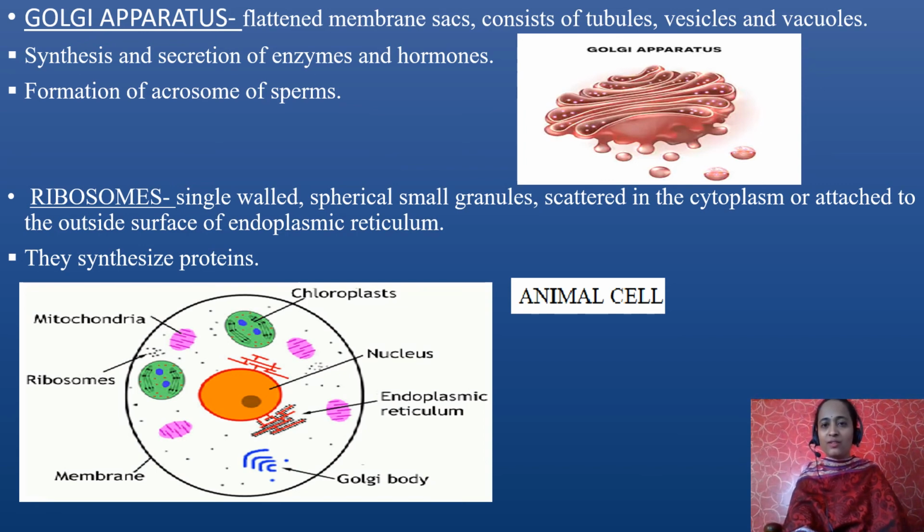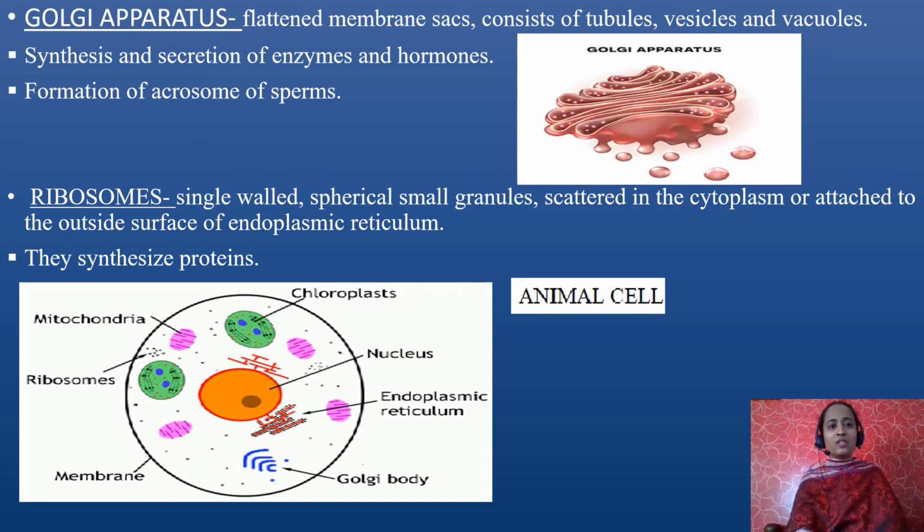You can see tubules, sacs, vesicles. It is a site where it synthesizes and secretes different types of enzymes and hormones. In your body, whatever different types of hormones as well as enzymes are transported is produced by Golgi apparatus. It is a site of enzyme and hormone production.